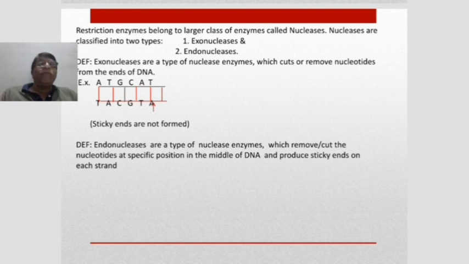Exonucleases are a kind of nuclease enzymes which cut or remove the nucleotides from the ends of DNA. They cut at the end of the DNA. Sticky ends are not formed. Next, another type of enzymes called endonucleases.